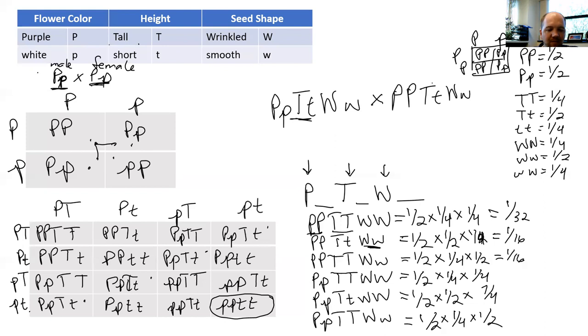Next one, 1/2 times 1/4 is going to give you 1/8 times 1/4, which is going to give you 1/32. And then this one's going to be 1/16 and 1/16.